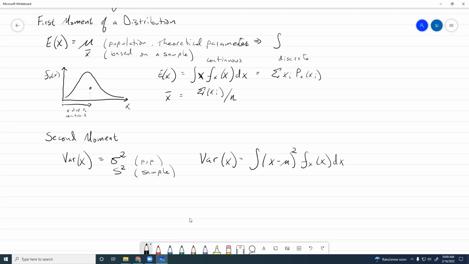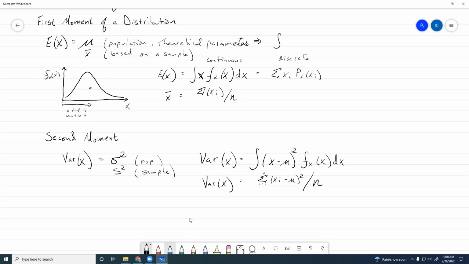And then I didn't give you this formula last time, but I just want to put it here, and that is how to calculate from a sample. We'll get into sample statistics a lot more later, but the variance of x is equal to the sum of the observations minus mu squared all over n, i equals 1 to n.